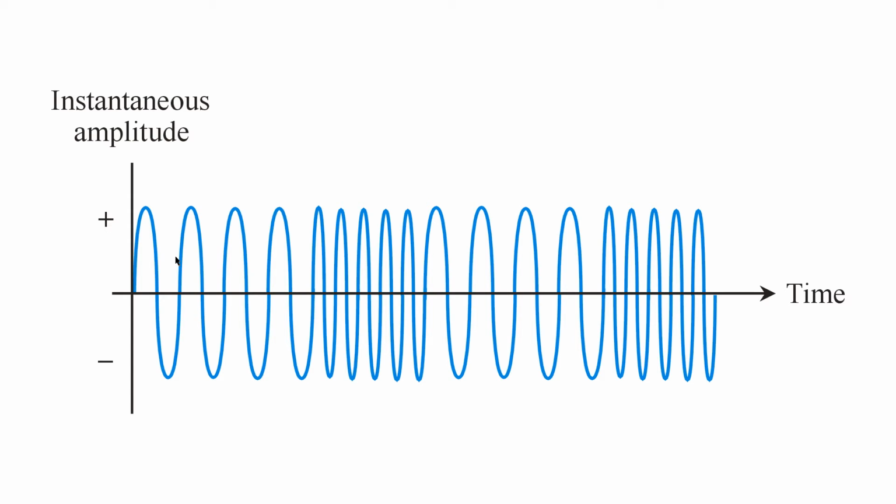This is probably an alternating pair of tones like do, do, do, do. But the amplitude of the signal is constant. That is what differentiates frequency modulation from any other type of modulation.